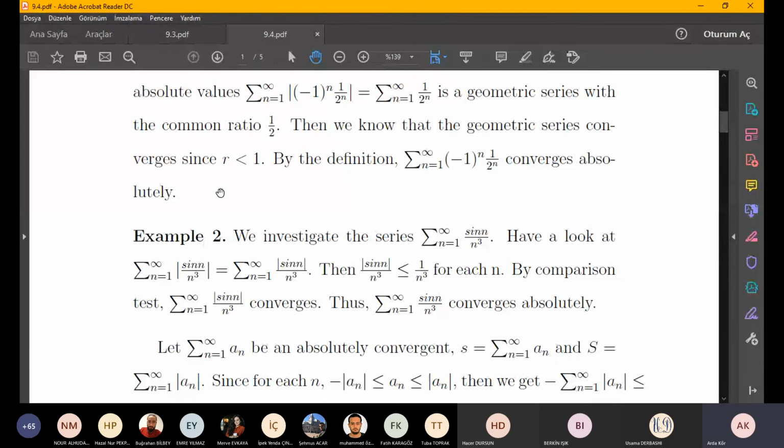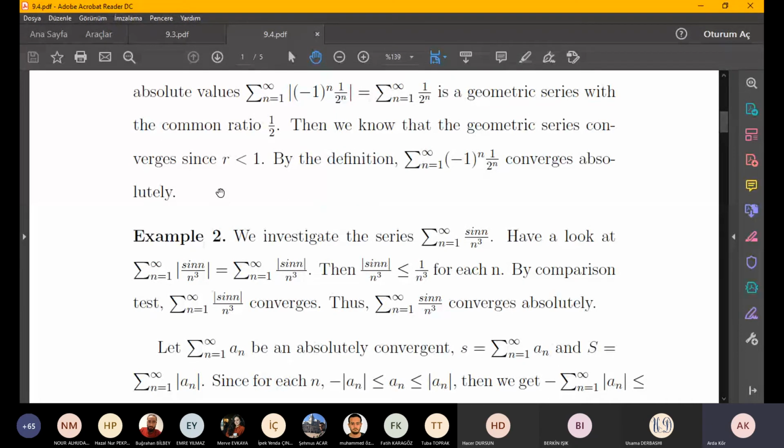For the ones we have seen in 9.2, the harmonic series was divergent, but for the geometric series and telescoping series, with some hypotheses we know the exact sum.